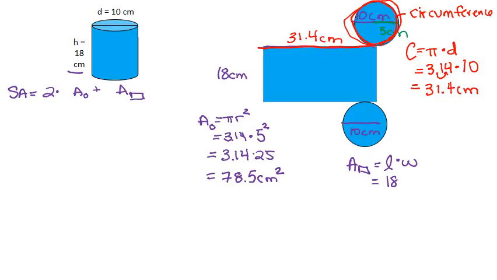So the area of my rectangle is the length times the width, which is 18 times 31.4. And when I do that, 18 times 31.4, that gives me 565.2.